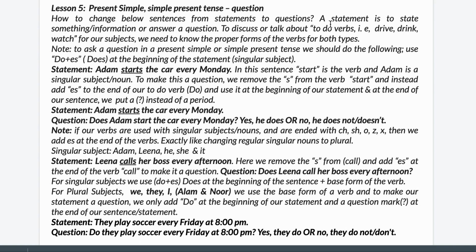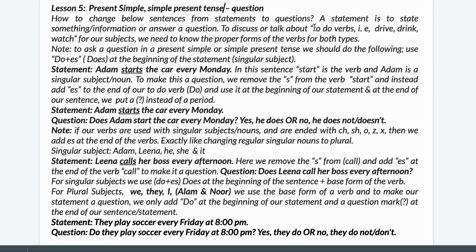But if we want to know something about someone or something or some places, then we have to ask a question. So that question is different. The question is something that we ask. A statement is something that we tell someone. We state something. So it's used to state something, information, answer question, and to discuss things about to-do verbs.